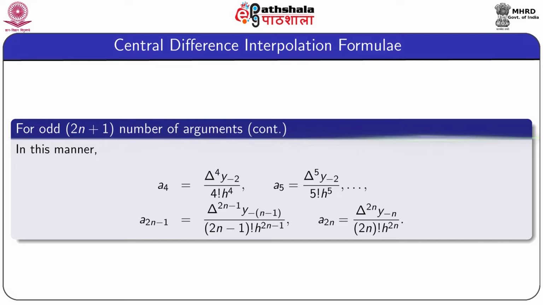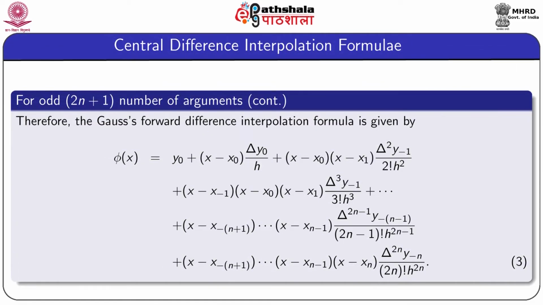And lastly, a twice n minus 1 equal to delta to the power 2n minus 1 y minus of n minus 1 whole divided by factorial twice n minus 1 into h to the power 2n minus 1, and a twice n equal to delta to the power 2n y minus n by factorial 2n into h to the power 2n.